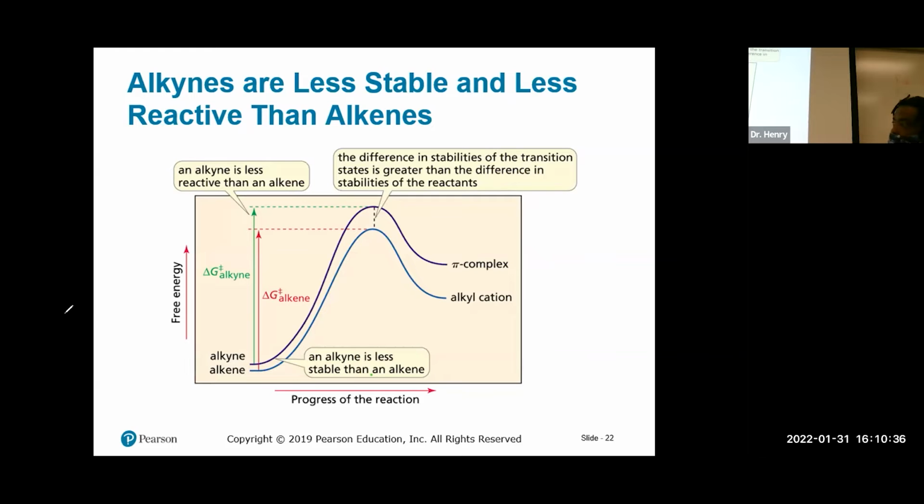Okay, so if we look at the energy, this is Gibbs free energy. This is our alkane, this is our alkene. In the case of our alkyne, the Gibbs free energy of the pi complex is higher than that of the vinyl cation.